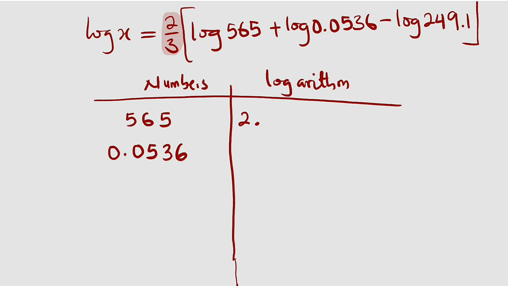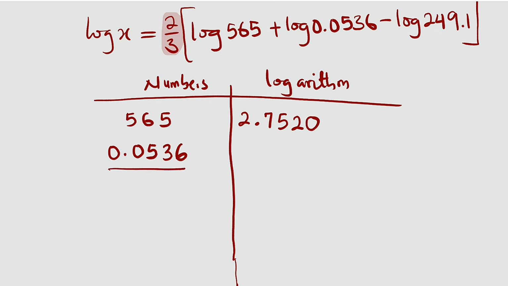I have log of 565, which is equal to 2.752048448. What I want you to do is to consider numbers after the decimal point and pick the first 4 and round up. So what I have is 7, 5, 2, 0. The next number is 4, so we leave it like this.